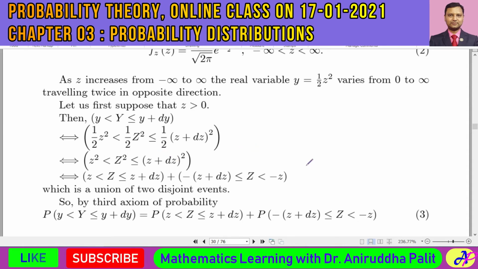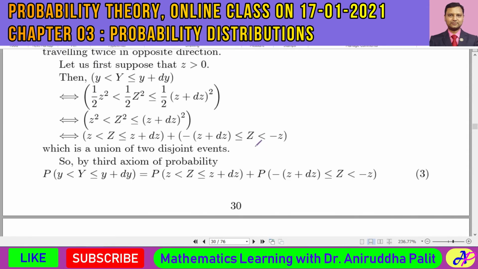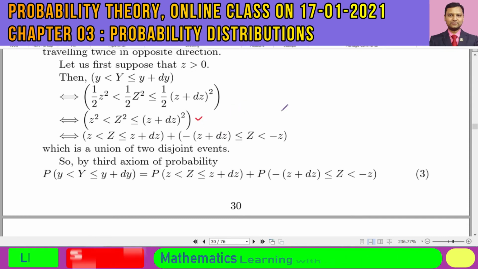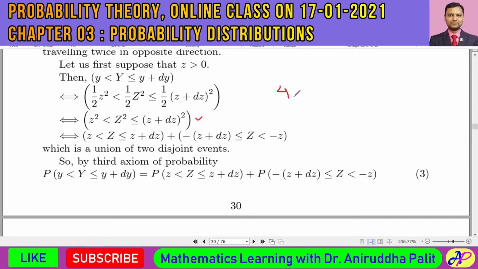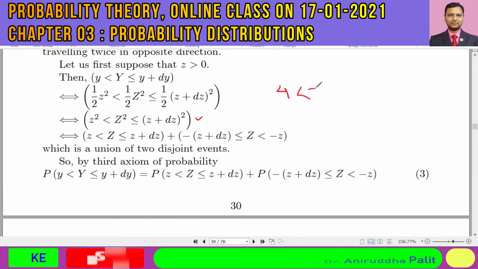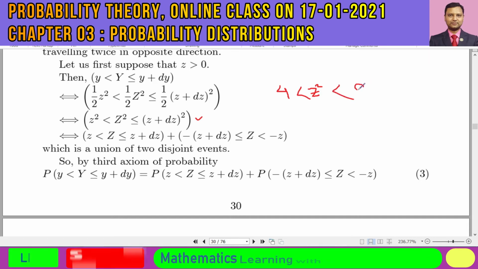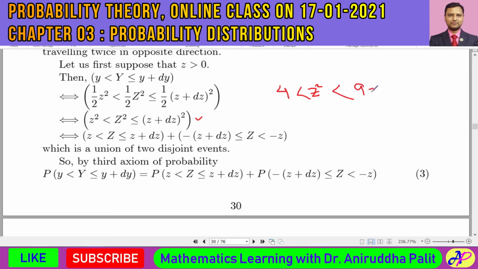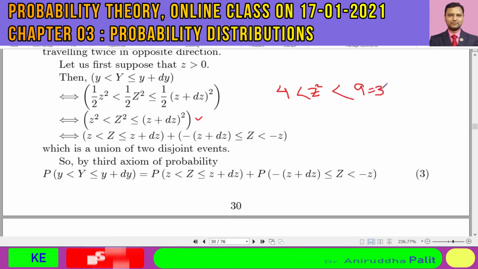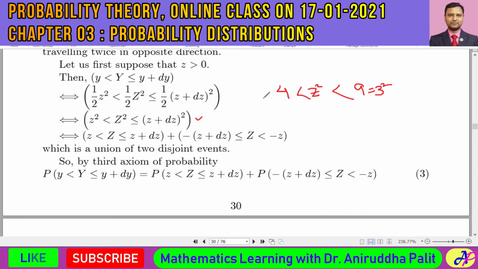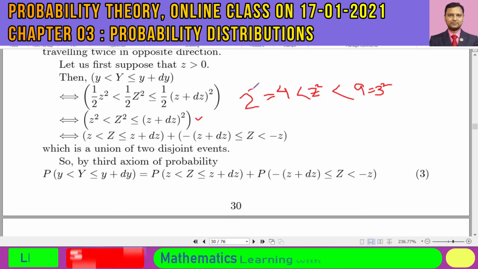Now try to consider this kind of inequality in this way. Suppose 4 is less than z square, and suppose that is less than 9. 9 you can consider as 3 square, and 4 you can consider as 2 square.